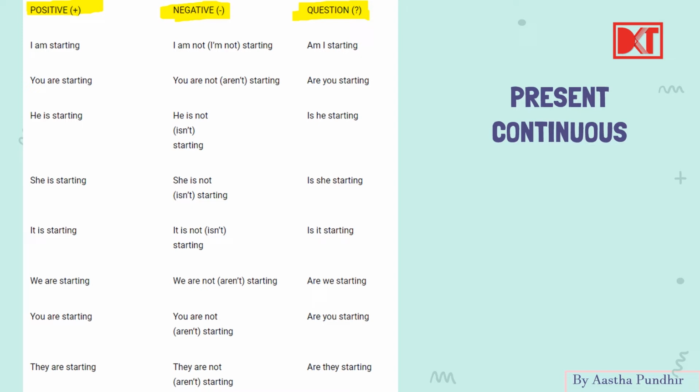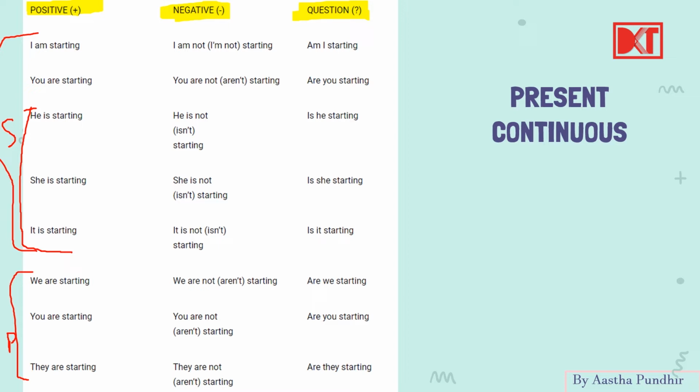So again, now this is all singular and this is what? Plural. Right, and this is the third person, first person, second person and the third person. Similarly for plural, first person, second person and third person.